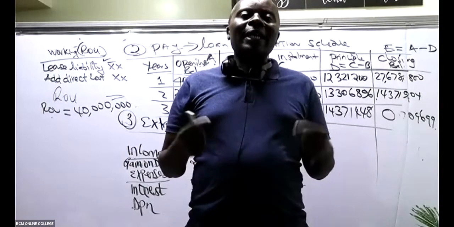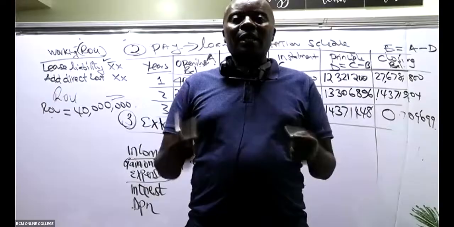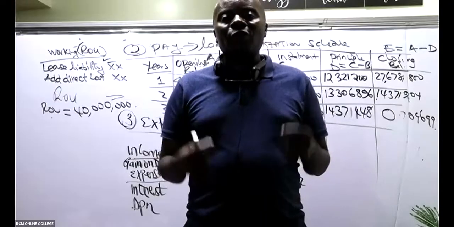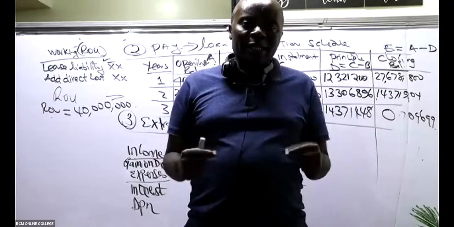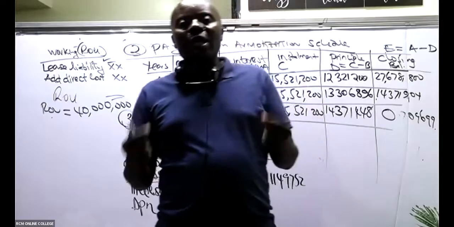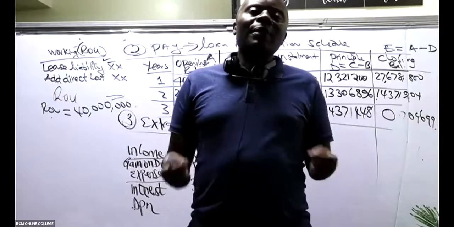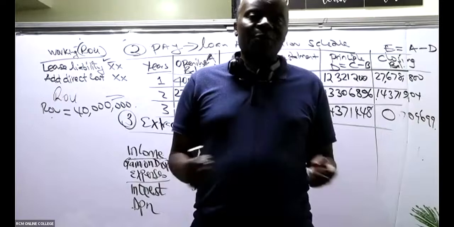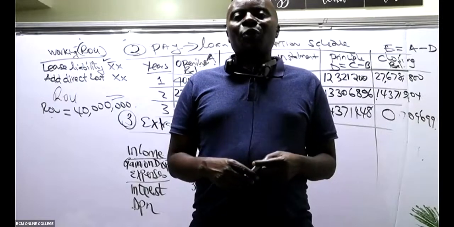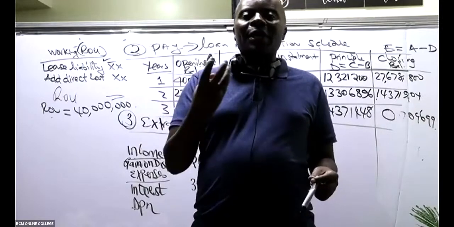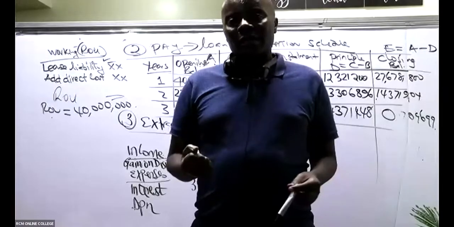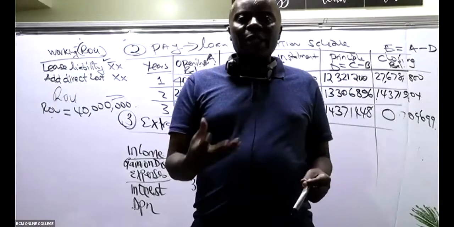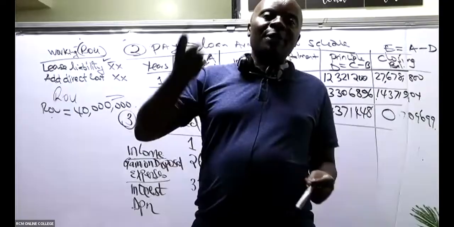Why are we calling it an asset? Because the moment Stanbank House has given us the right of using their space, we as the lessees shall be able to draw income from students. Students shall be able to pay us fees. So we have an asset that you're able to control, and because you control it, the students don't pay the landlord, they pay us.